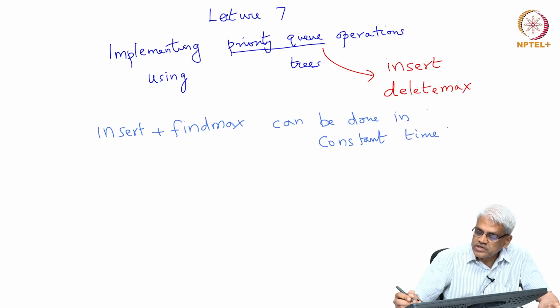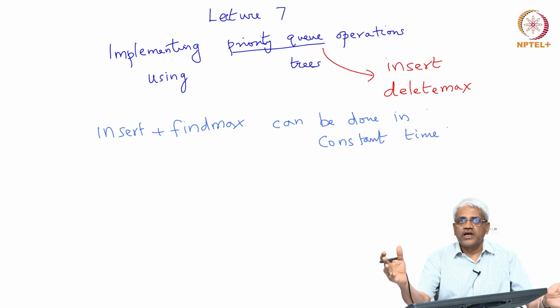Recall the solution was just keep it in an unsorted array and keep track of the maximum. When a new element comes, add it to the end and just compare it with the maximum. If the new element is bigger, update the maximum, otherwise don't do anything. If the maximum is being asked for, give the value pointed to by the maximum value.